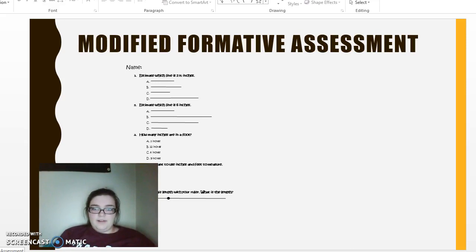And then this is my modified formative assessment. With the estimate which line is 2.5 inches, I added options for which line would be 2.5 inches. They'd still have to estimate, but they'd have an option. And then measure this length with your ruler, and I made it to where there was an ABCD answer.